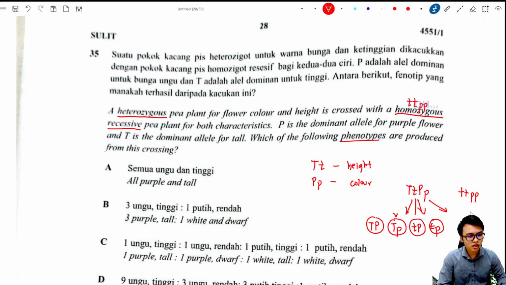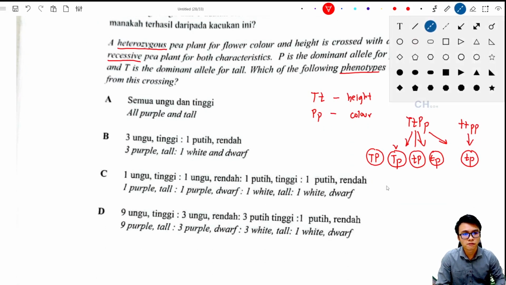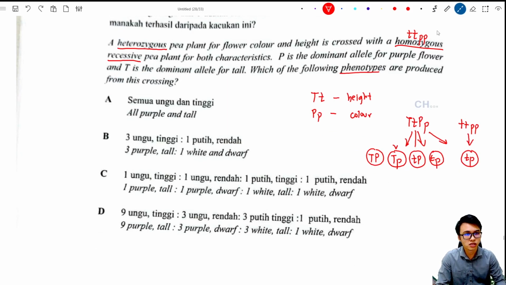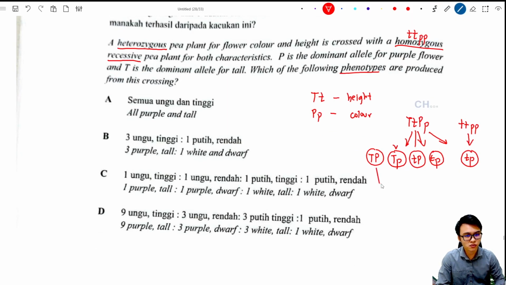Then this one will only produce one possibility of the alleles combination, which is the small p and small t. So you guys do the crossing. It's very easy, this one. Okay, cross, I do want the dotted line. Dotted line is not good. So big P, big T, big T. So big T, small t, big P, small p.